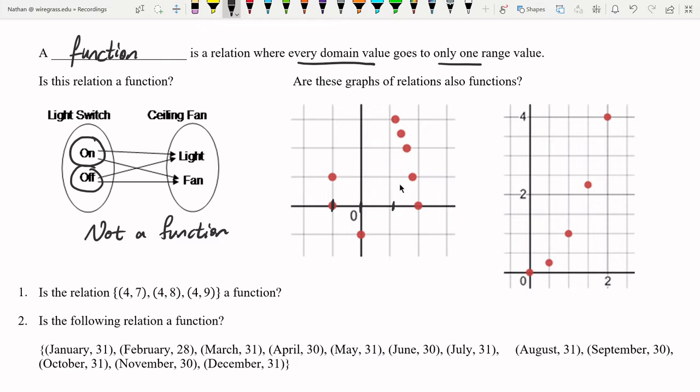This one's right here, here, here, and here. And so all the x coordinates are the domain values for the points in this relation. And of course, these 2 points have the same domain value.